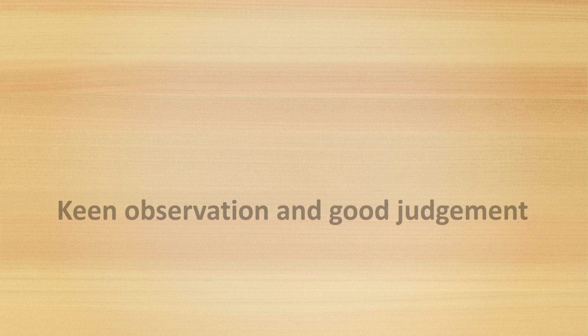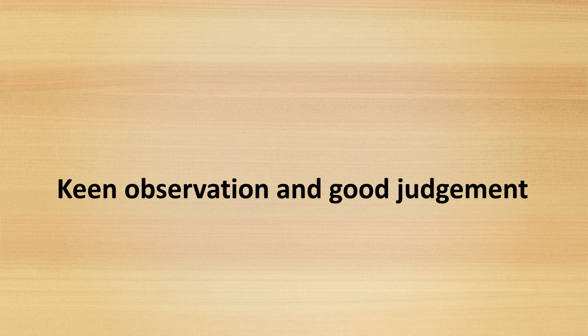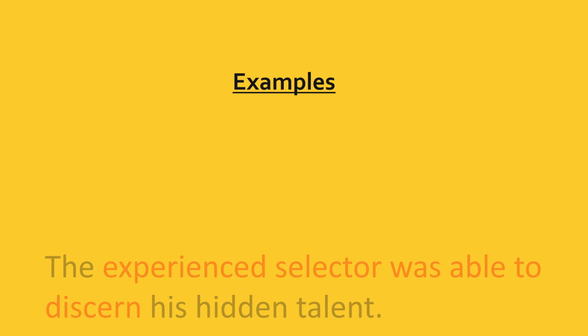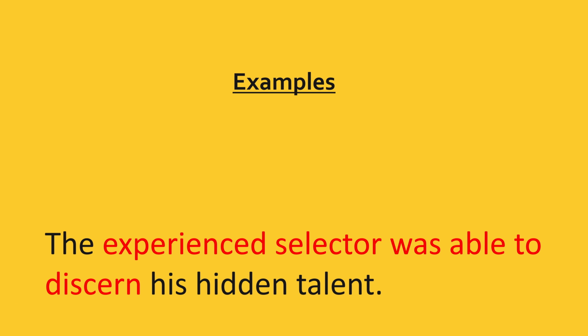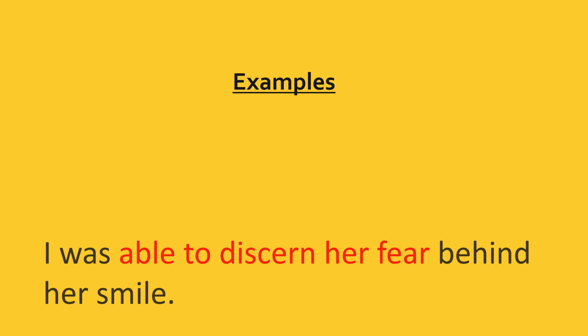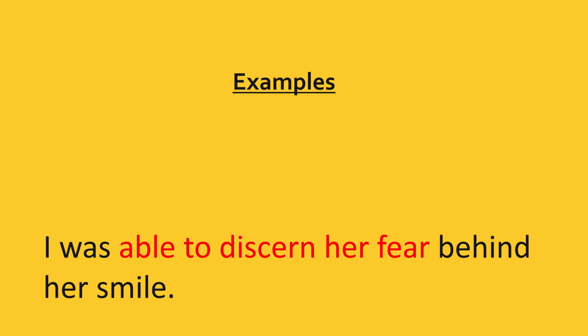It needs good judgment and keen observation. Here are some examples. The experienced selector was able to discern his hidden talent. I was able to discern her fear behind her smile.